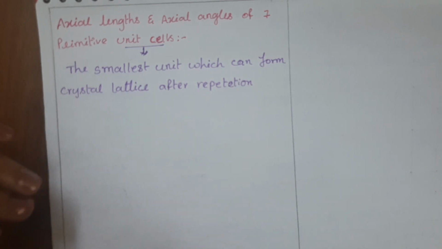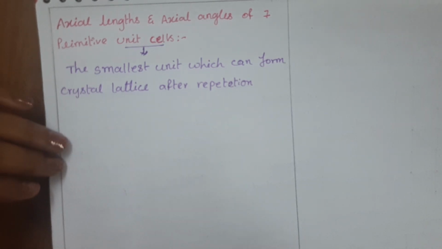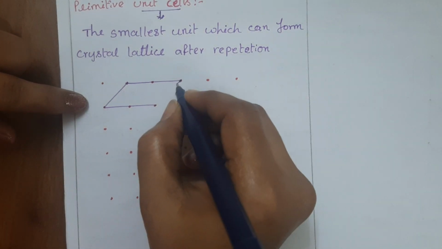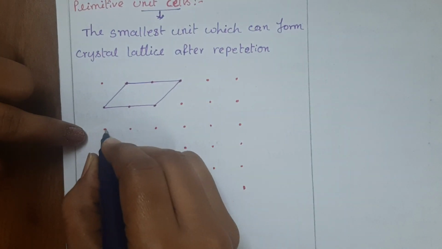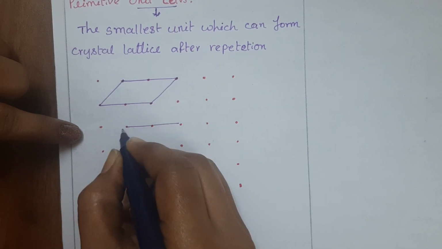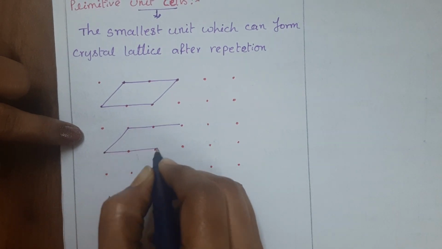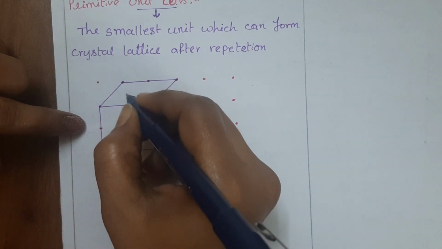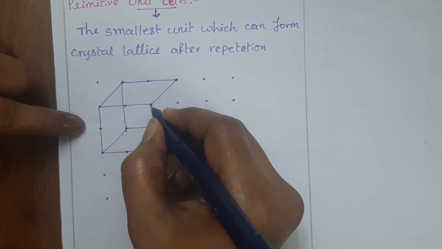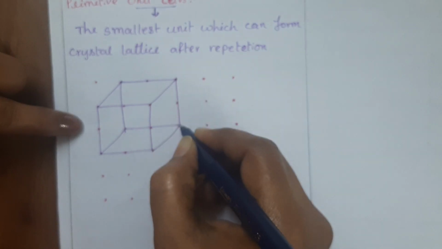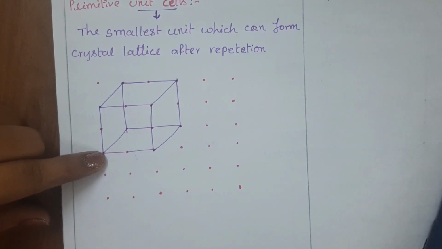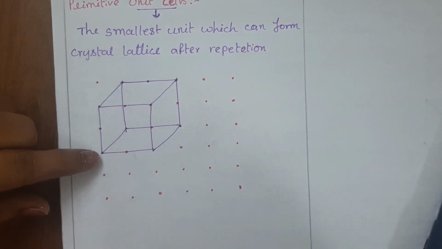Now let us see the diagrammatic representation of a unit cell and also a crystal lattice. So this is called a unit cell. By repeating these units, we can get a crystal lattice. How? Let us see here.